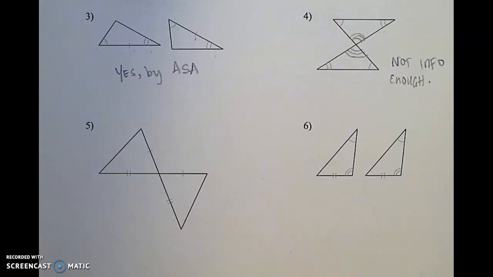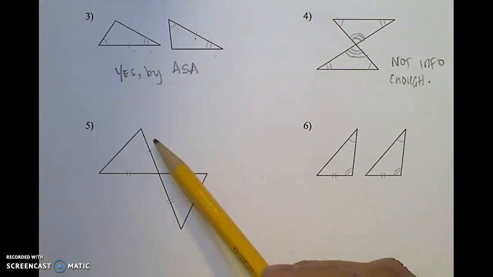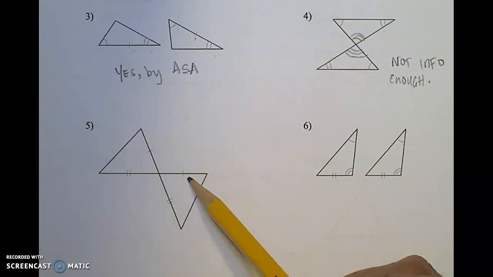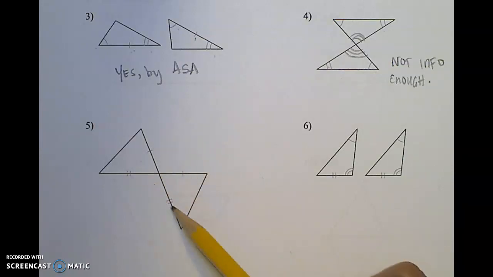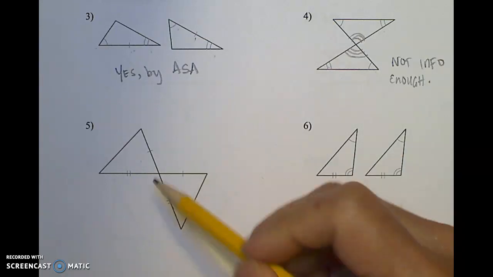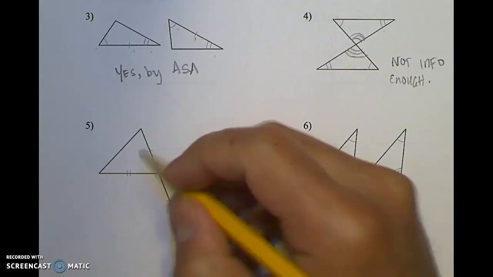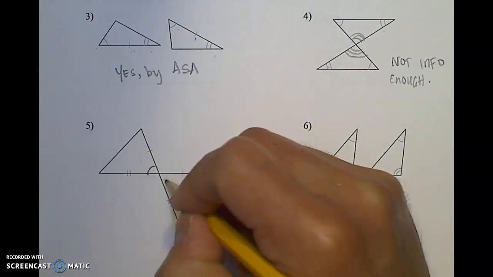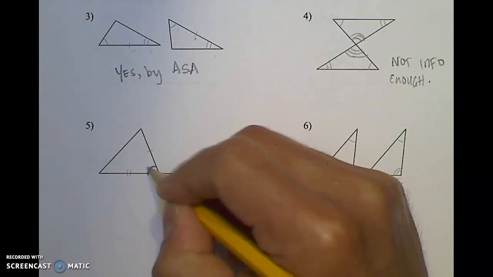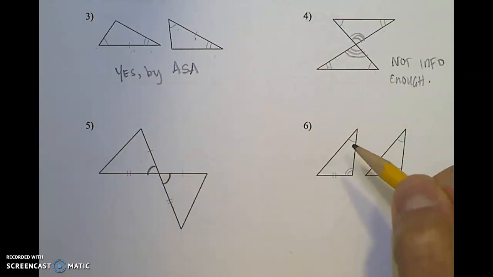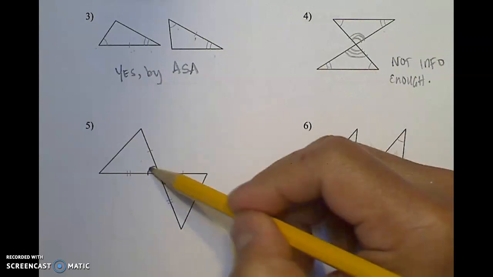Number 5, two triangles. I got one side from each. I got another side from each. And that's all we're given. So right now we would probably say there is not enough info. But again, we said that if there's a big ol' X, you have the opportunity to mark up vertical angles, the angles that are across from each other in the X. So I'm going to go ahead and mark those up.